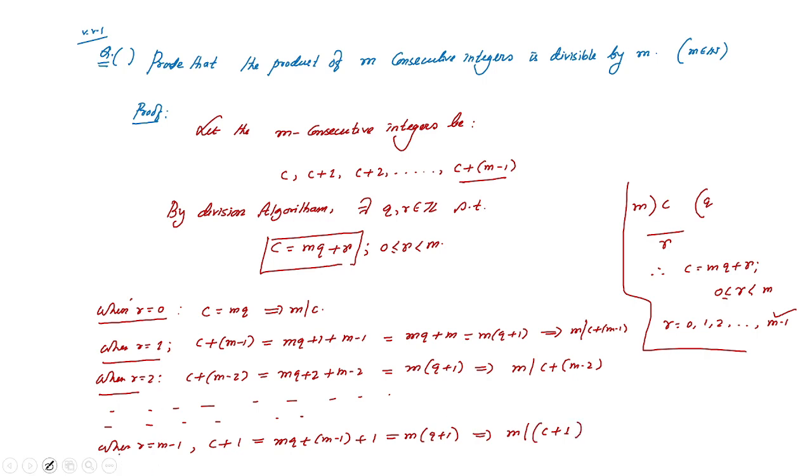So in any case, m divides either c, or c plus m minus 1, or c plus m minus 2, or c plus 1, whatever the remainder. The remainder may be 0.